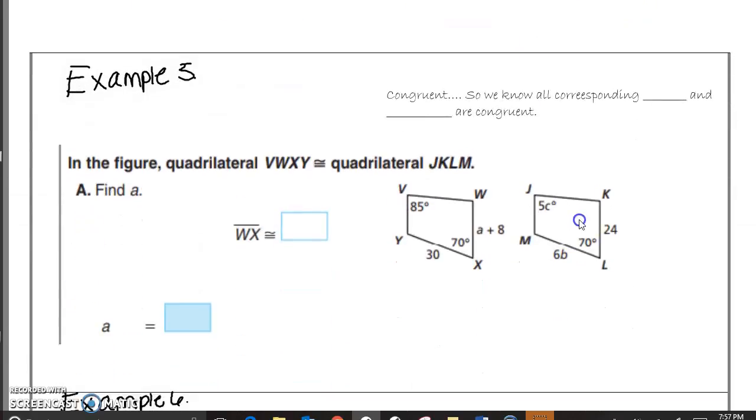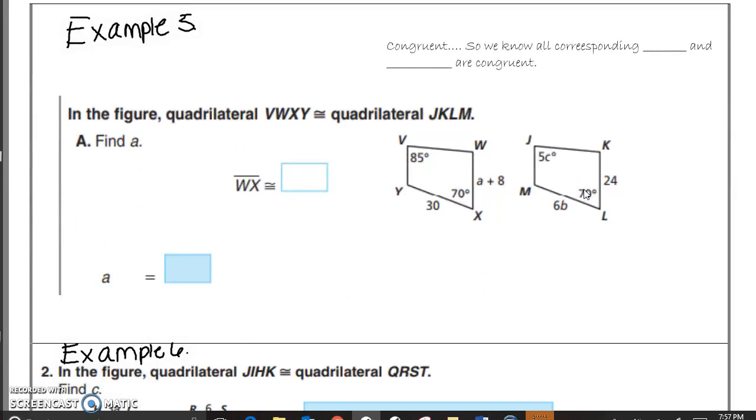All right, example 5. This time we're not actually going to write all those congruency statements. Okay, so it says in the figure, quadrilateral VWXY is congruent. So it's telling us that they're congruent. We don't have to write that congruency statement. We don't have to prove that it's congruent.